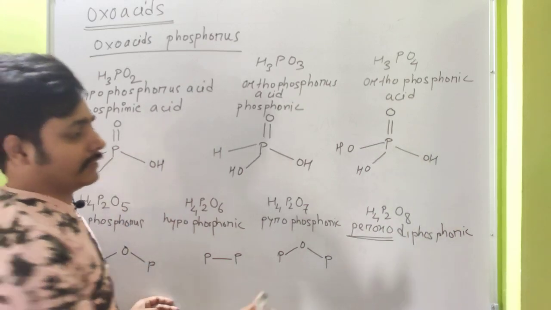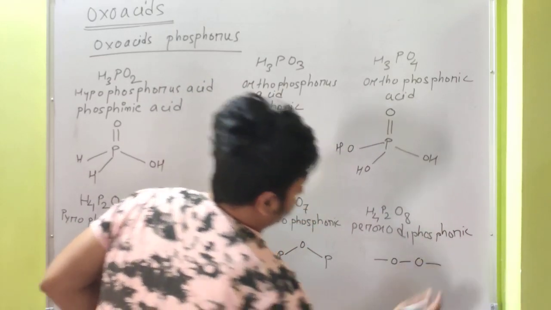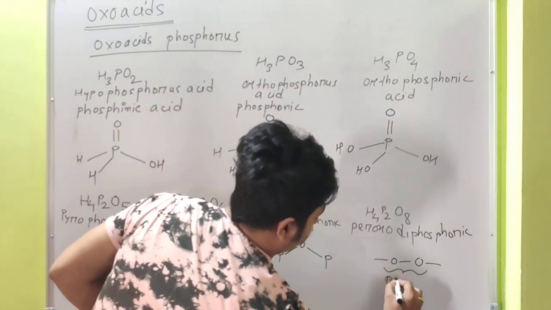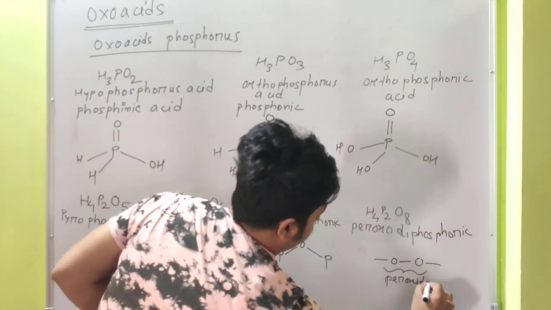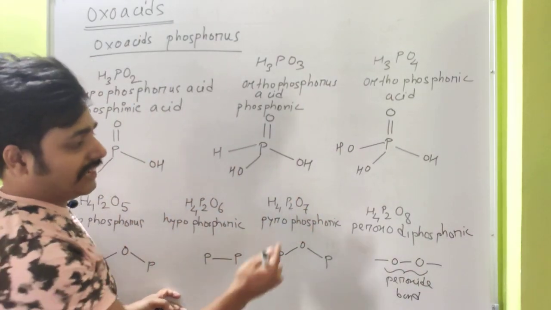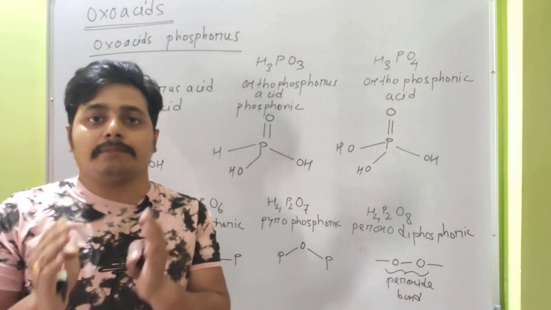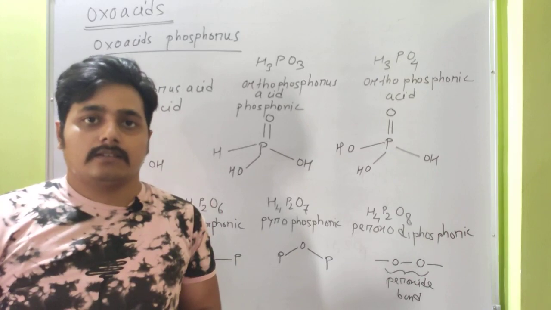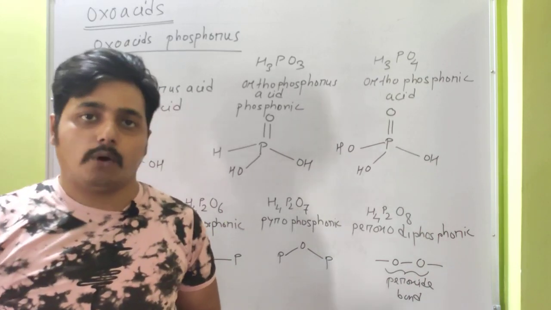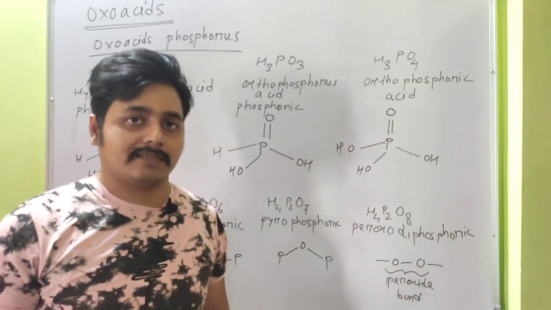What is the peroxide link? This one. This is the peroxide bond. So you must remember the compounds which are named as peroxo, there will always be a peroxide bond. So in this compound a peroxide bond is present.